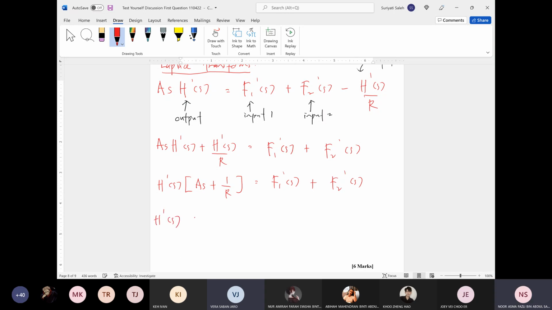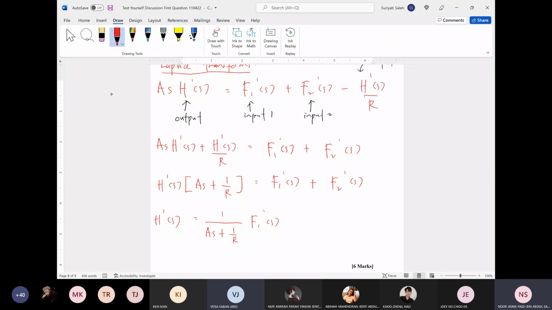So here one of the transfer functions will be over A s plus 1 over R, with F1'(s).